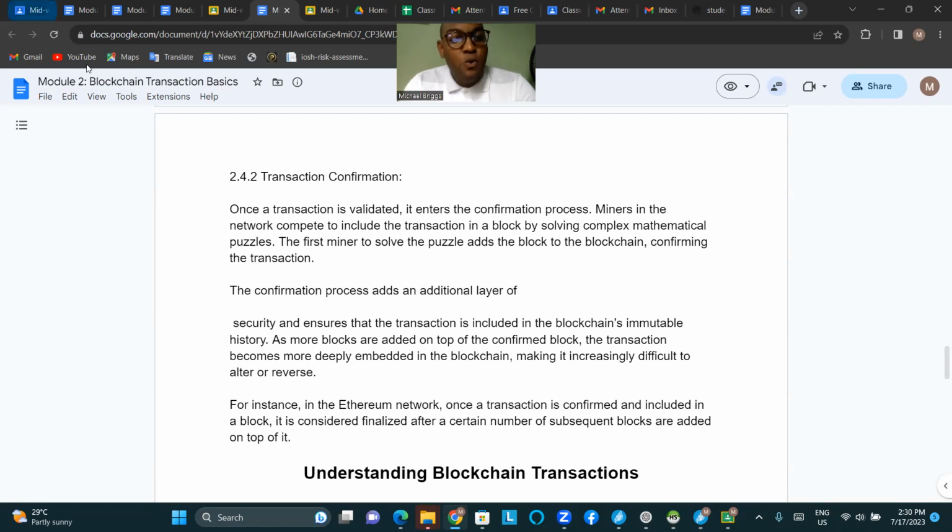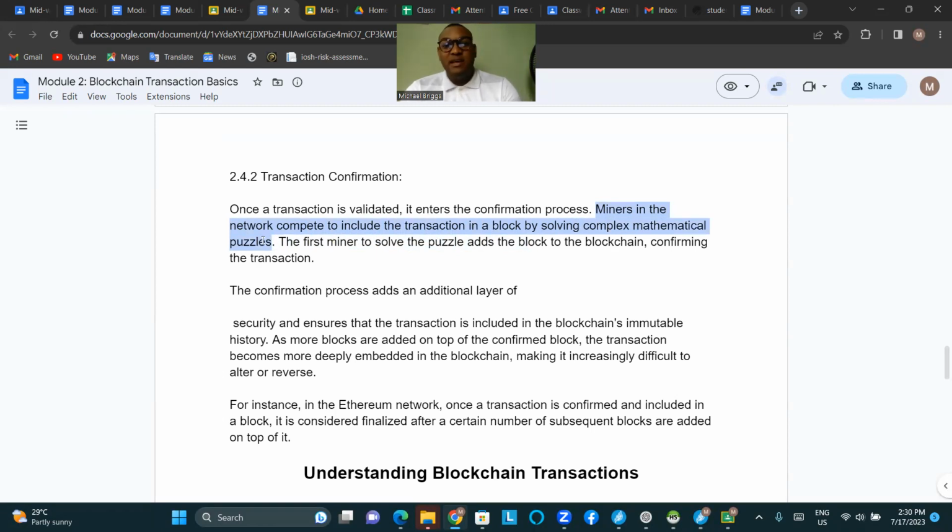Once a transaction is validated, it enters the confirmation process. Miners in the network, who are part of the nodes that make up the network, compete to include the transaction in a block by solving complex mathematical puzzles.